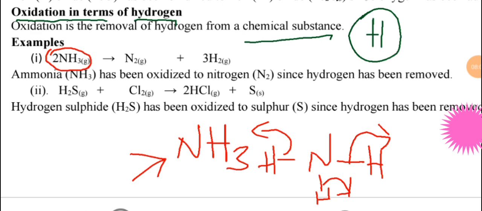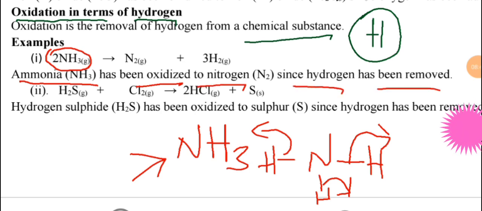The reason is simple: hydrogen is a reducing agent. So when we add hydrogen to a substance, that substance gaining hydrogen becomes reduced. Therefore, when we remove hydrogen from a chemical substance, that substance is oxidized. For this reason, we say ammonia has been oxidized to nitrogen gas since hydrogen has been removed.